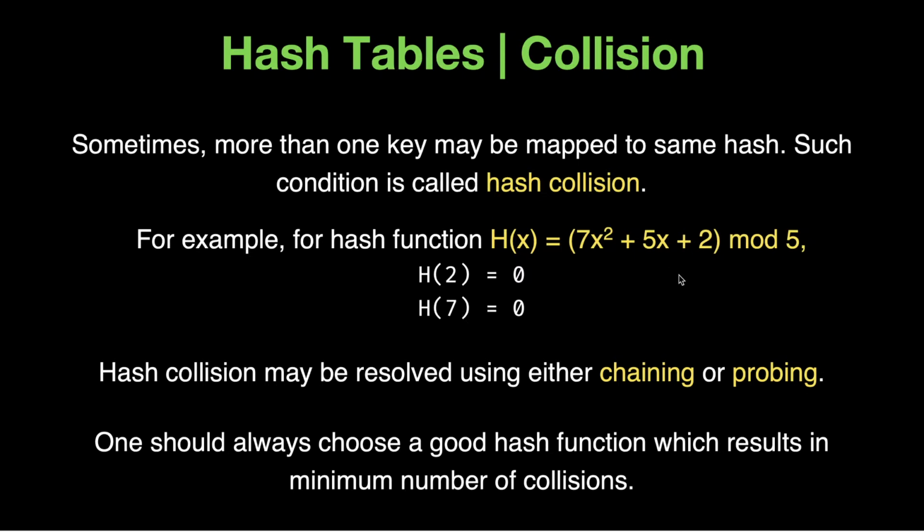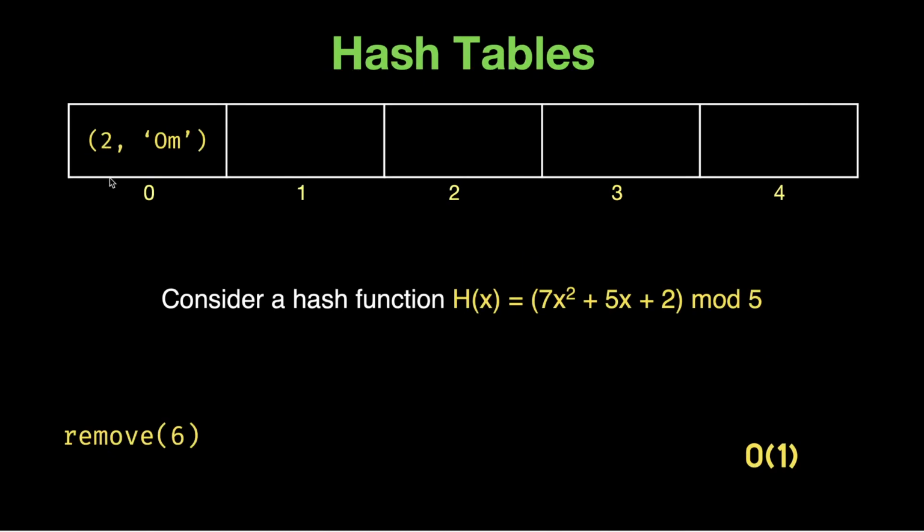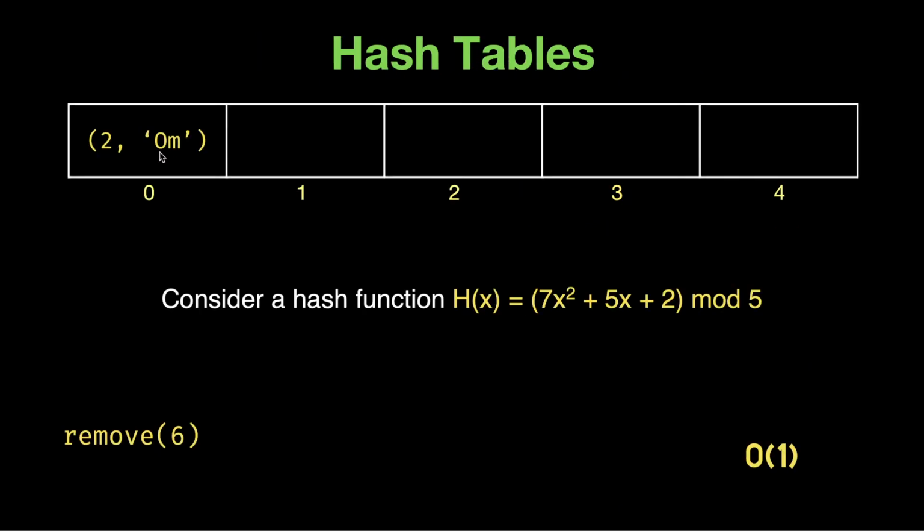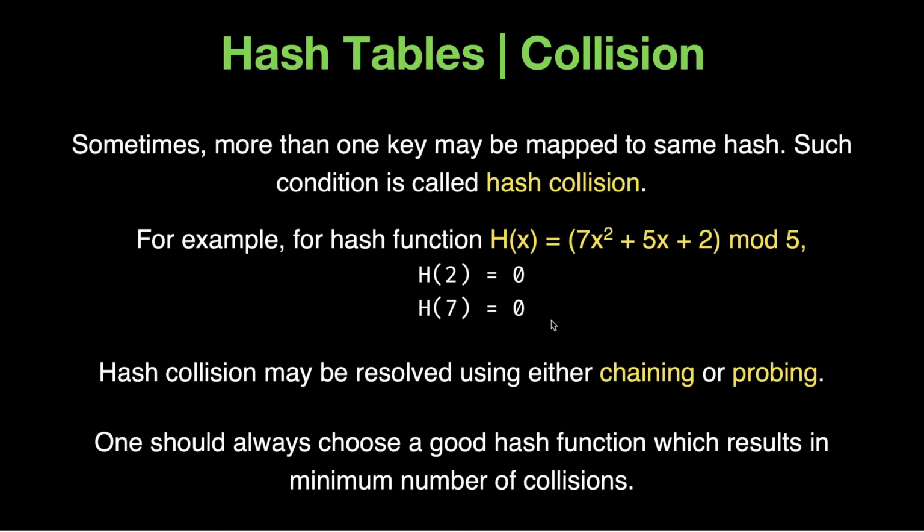If we pass 7 inside it, it will give us 0, right? So if we had already inserted 2 previously, and later we try to insert 7, we will see that index 0 is already occupied. So there is a hash collision.